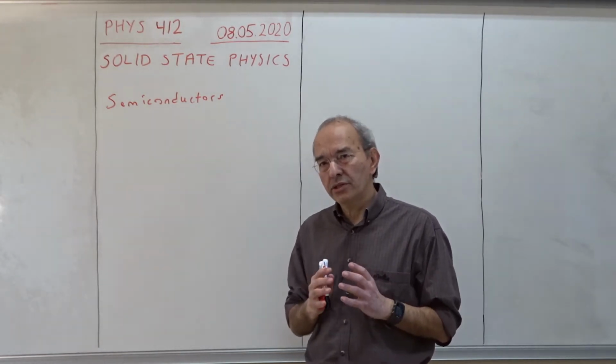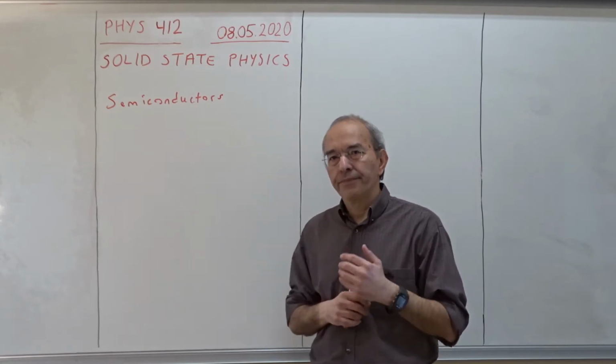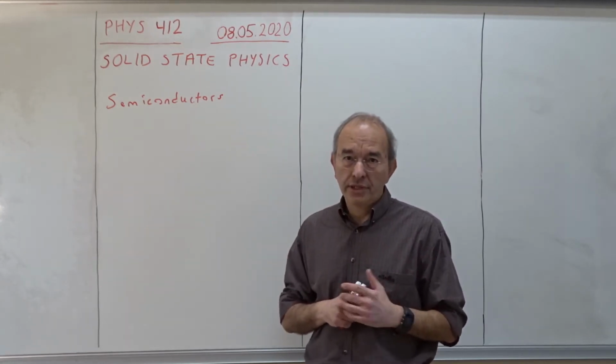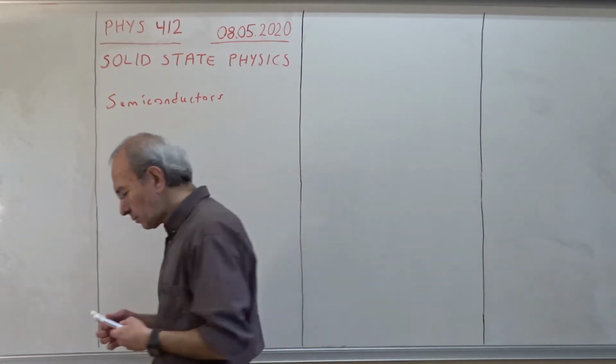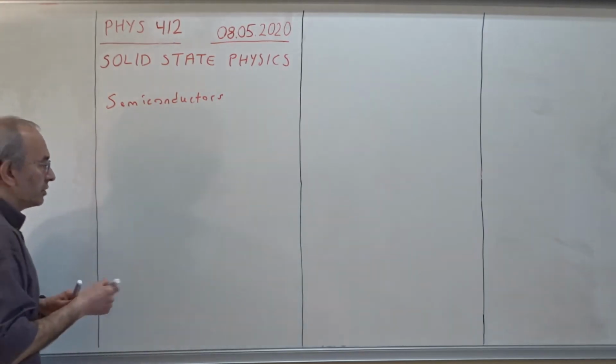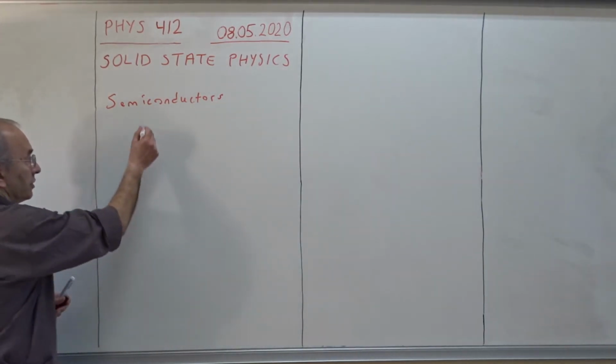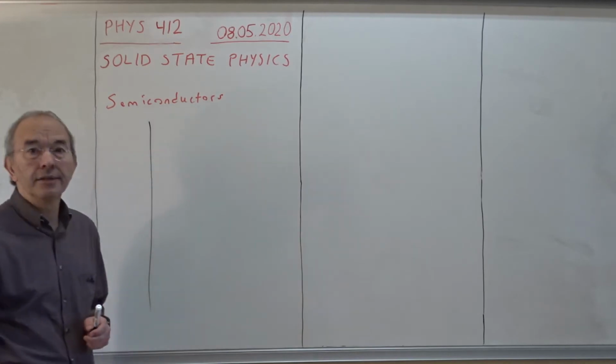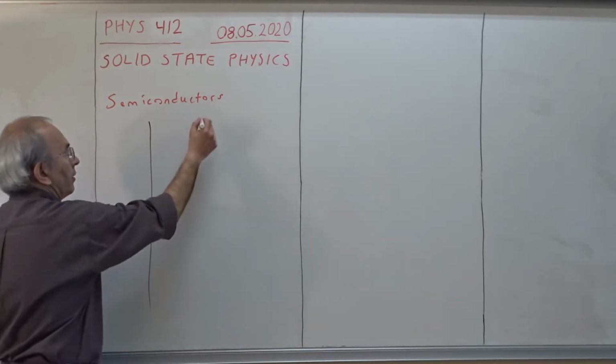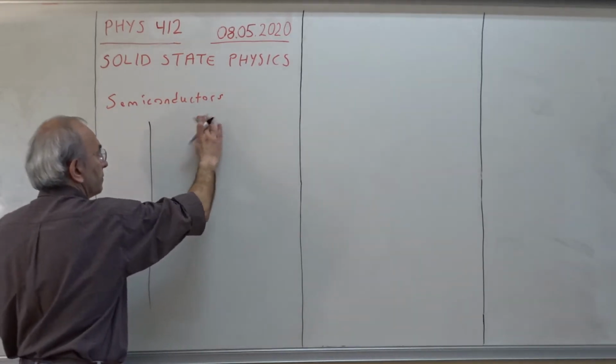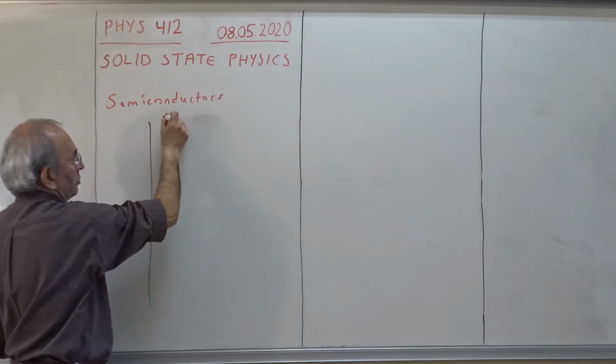First of all, let's try to see the range of conductivities. Let's consider a scale, for instance, such a scale on conductivity, electrical of course.